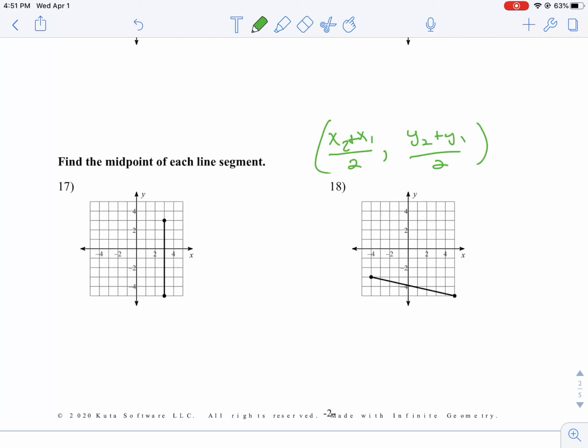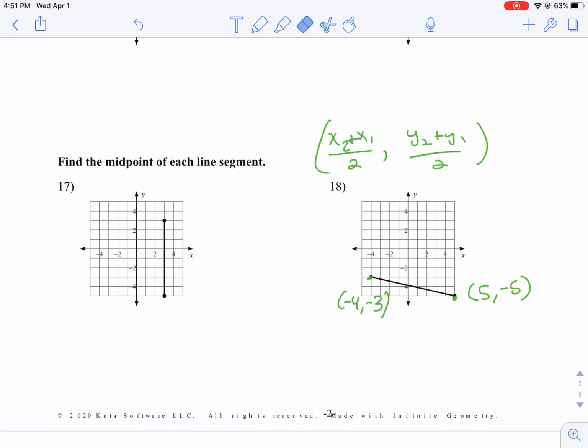Okay? So on number 18, we have this point, which is here. We're going to go back 4. So that's -4, down 3, -3. Let's check again. 4, -3. There you go. Then we have this point, which is over 5, down 5. So x is 5, y is -5.